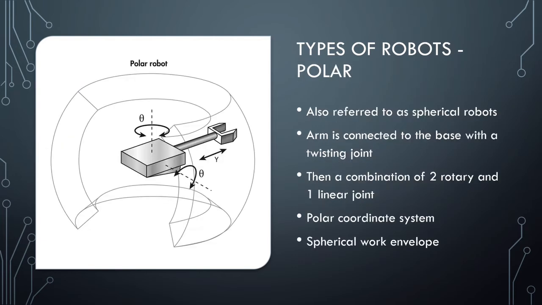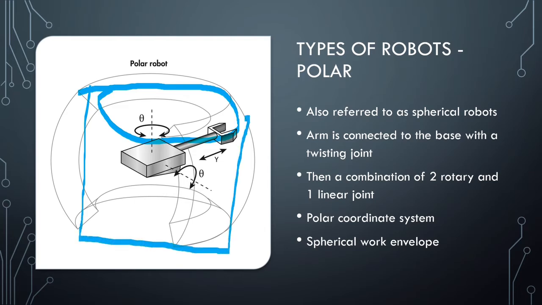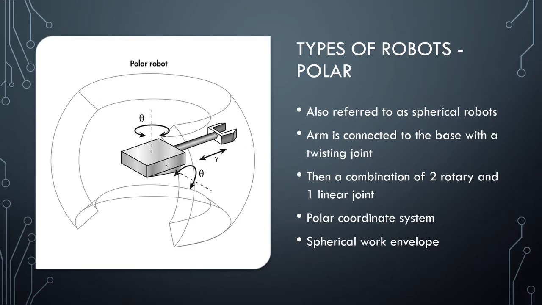The next type of robot is a polar robot. This is a little similar to the cylindrical robot, which essentially had a cylindrical work envelope. The polar robot has a little bit more of a spherical work envelope, so it doesn't have to come straight out. You'll see here it has this angled degree of motion.